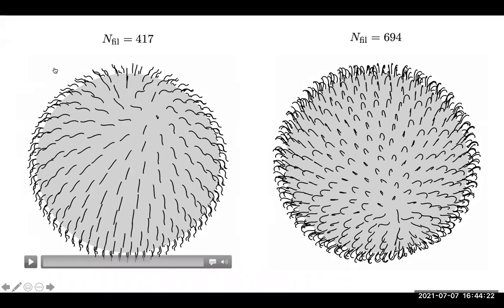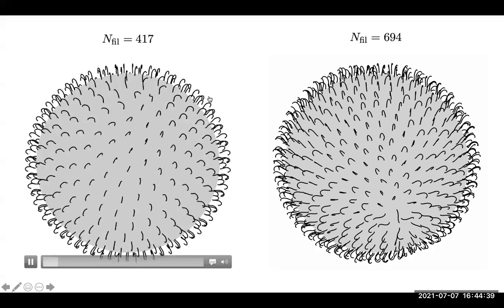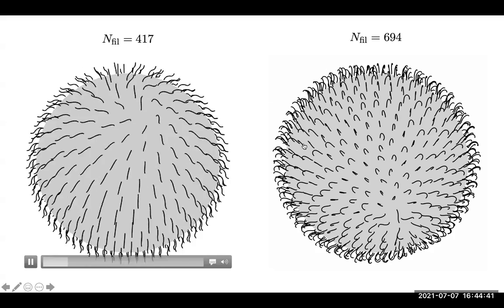Okay. So one thing that you could also look at is what happens when you start adding more filaments. So you go to higher densities. So this is this polar beating case that you saw. This is the final state of what you've already seen.